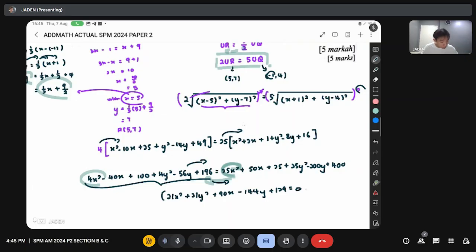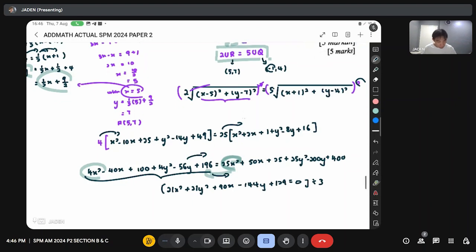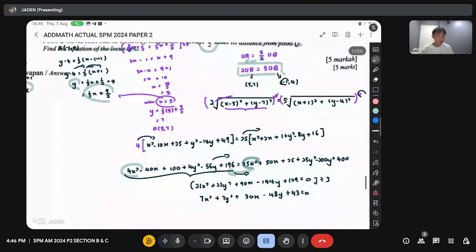So this one can be divided by 3. Everything just divide by 3. You will end up with 7x squared plus 7y squared plus 30x minus 48y plus 43 equal to 0. Okay, and I think that is the end of the equation of locus of U. So that will be another 5 marks.